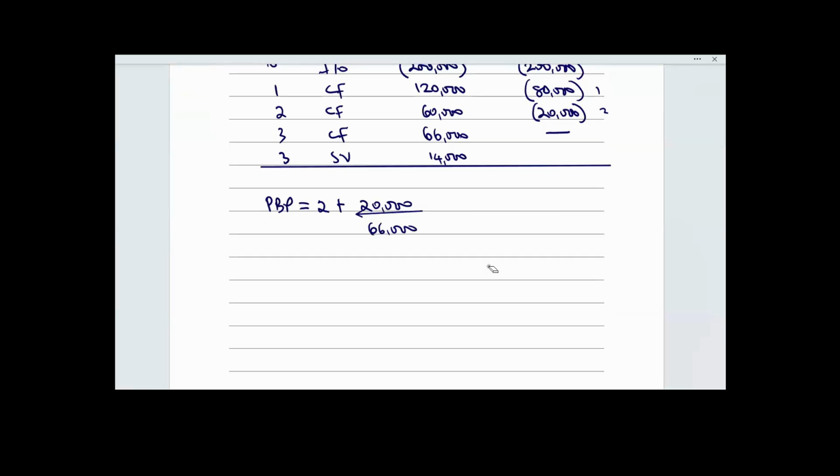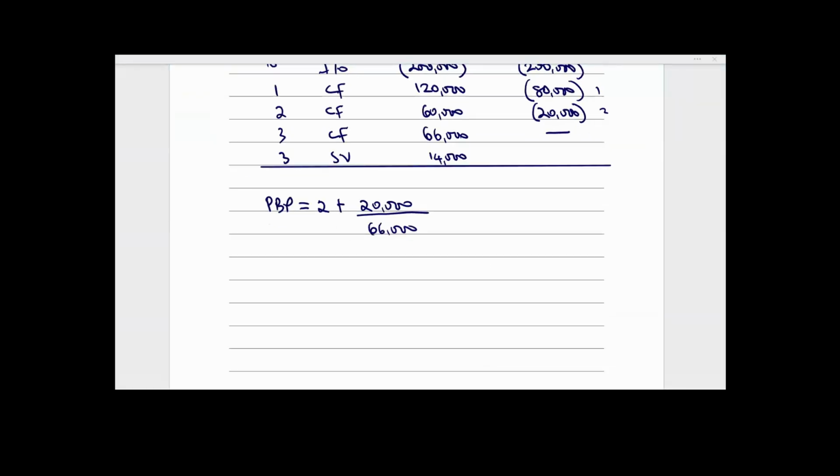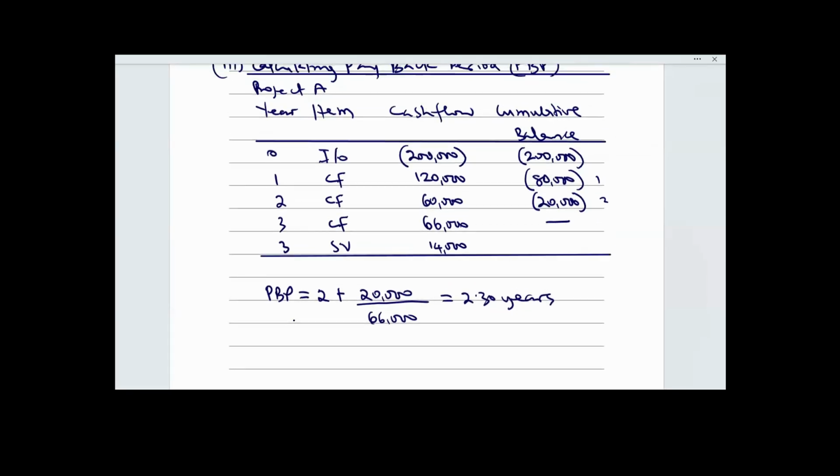So 20 divided by 66 equals 0.3, plus 2, that's 2.30 years.